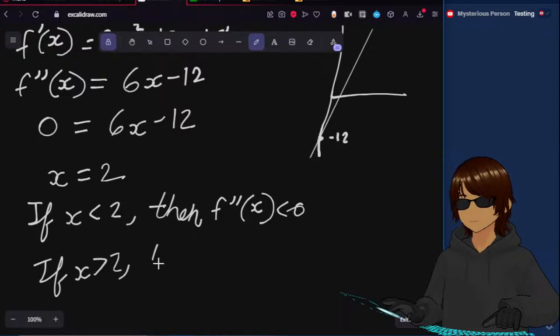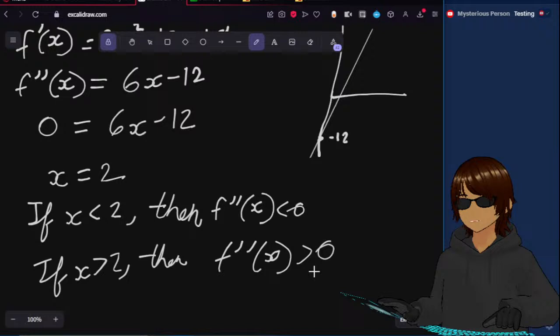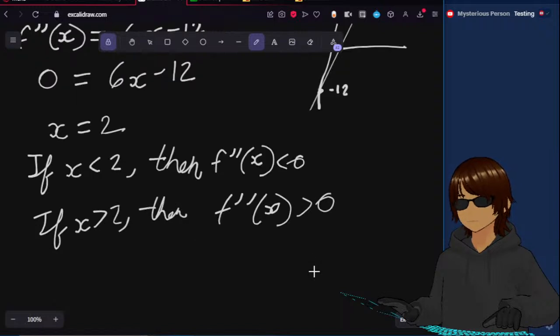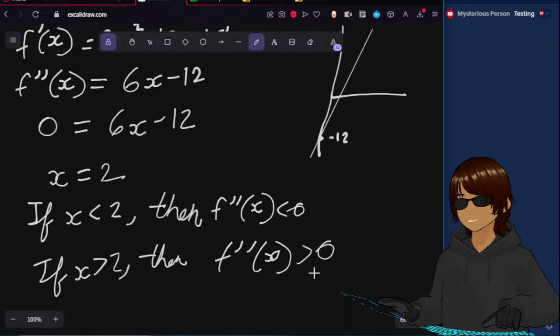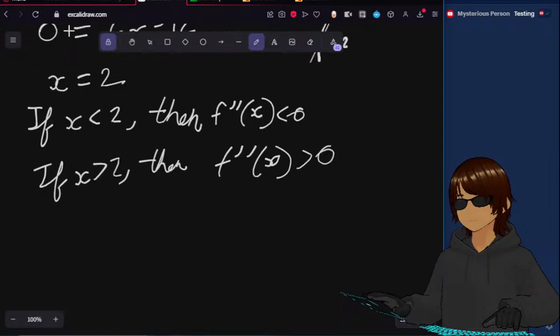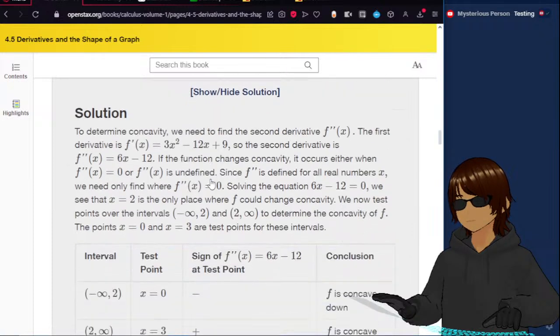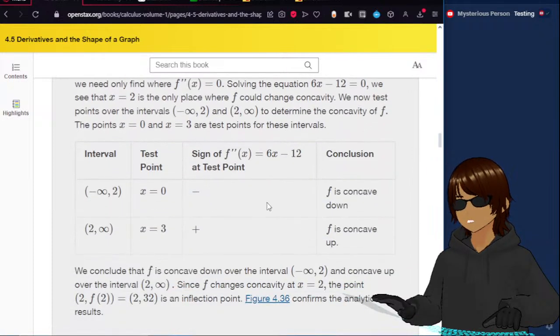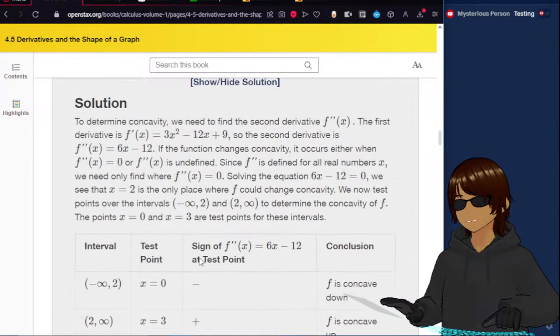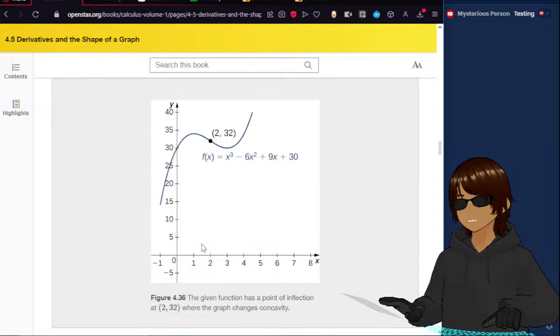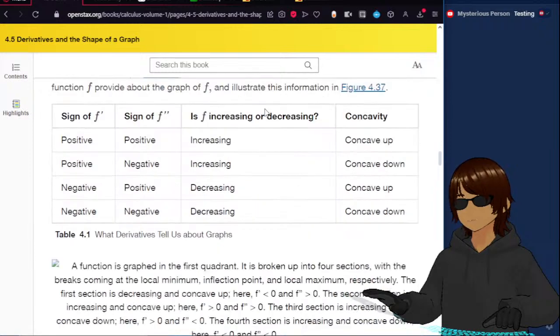If x is more than 2, then the double gradient is positive. So the gradient keeps increasing. Concave down, concave up: the gradient is decreasing, decreasing, decreasing, and then the gradient is increasing.